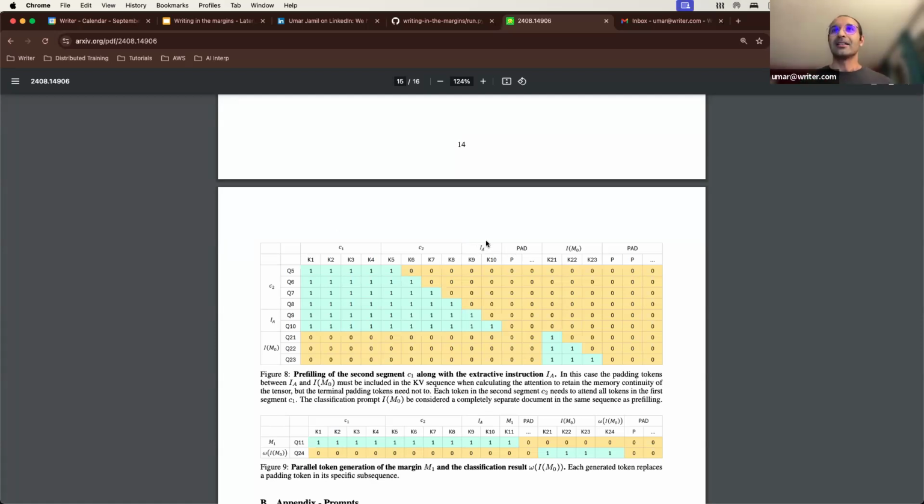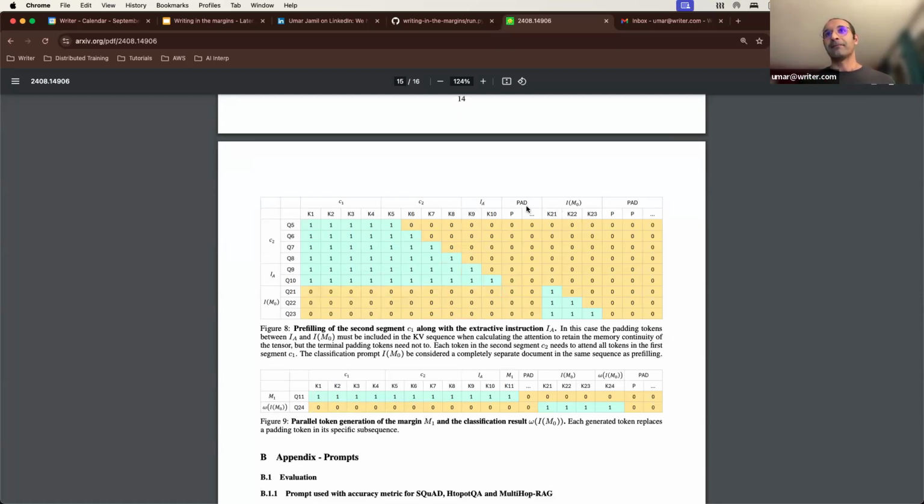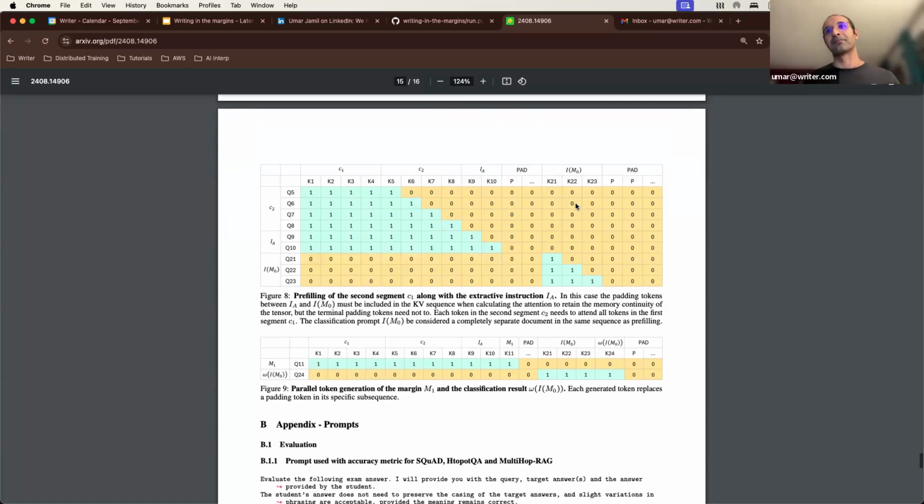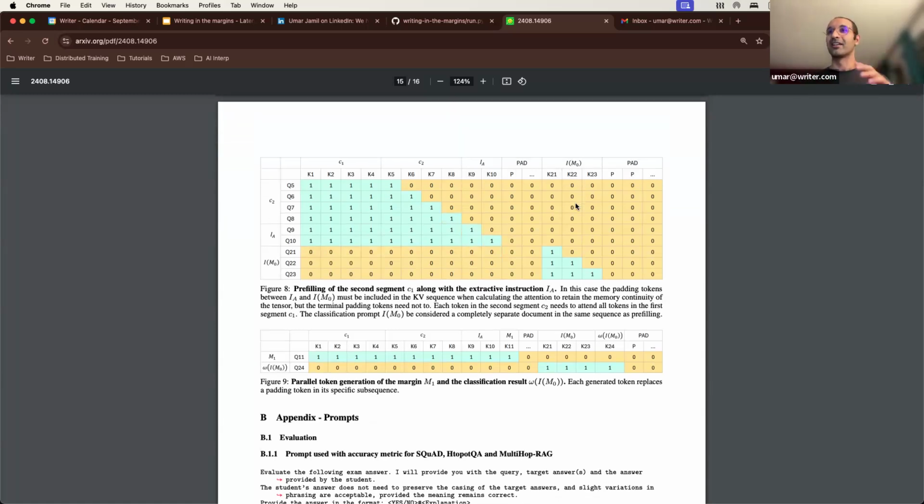But we can also skip some tokens that we reserve for the generation of the margin, and we can also prefill the classification instruction for the first margin, which was generated before in the previous step.